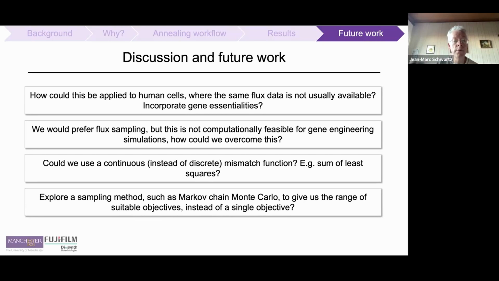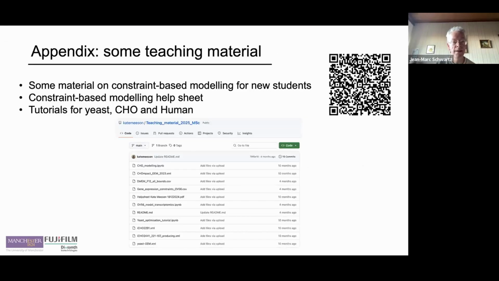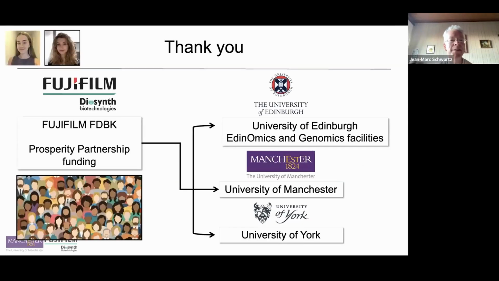And of course, an alternative is to use flux sampling, which enables you to check wider ranges of flux distributions without having to define an objective. But this is not always feasible for very large models and takes a lot of time and resources. Maybe I'll show that during the discussion. Just moving to the conclusion first.